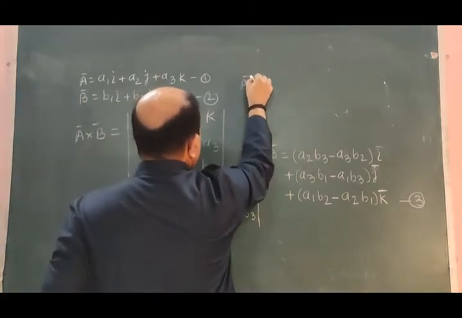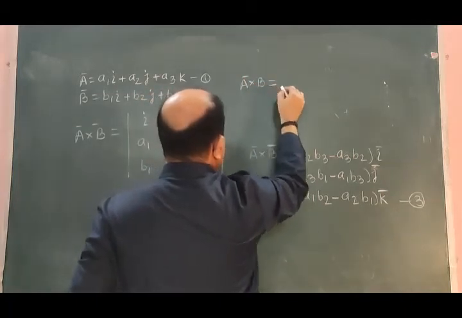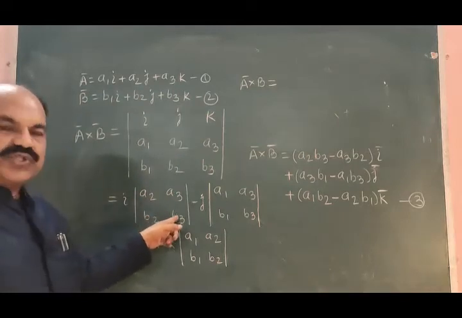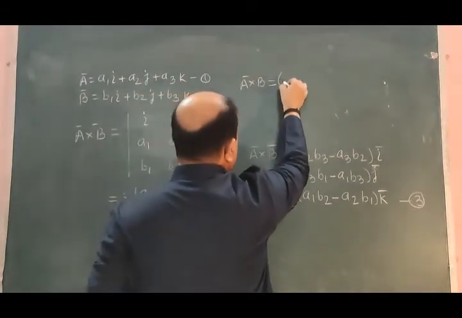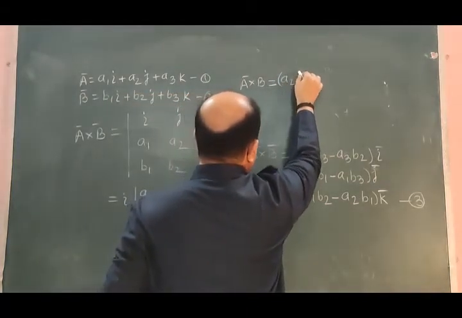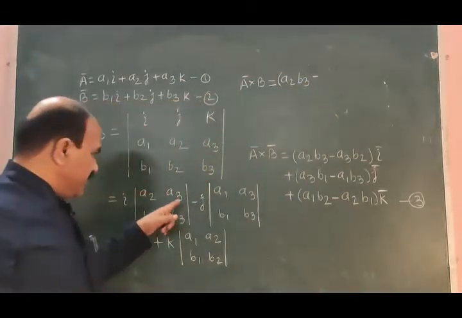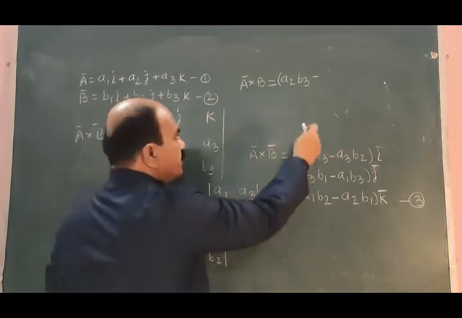So, vector A cross vector B is equal to I into cross product of these two, A2, B3, minus cross product of these two, A3, B2.